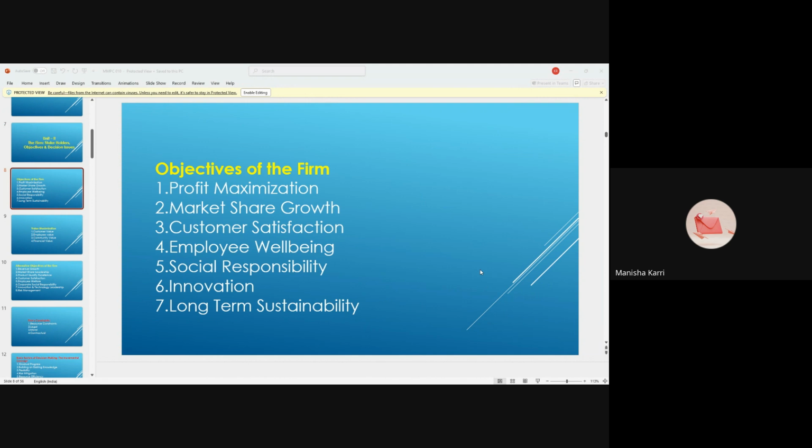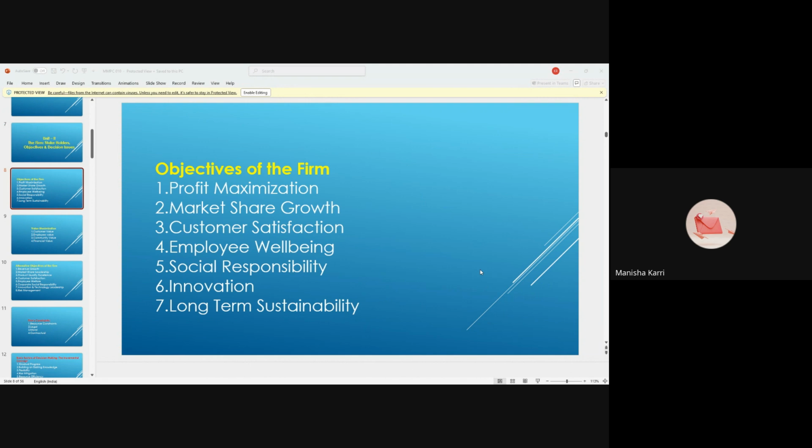Okay. Next one is market share growth. Here, the firms may aim to increase their market share, which can lead to higher sales volumes and potentially greater profits. That is market share growth.